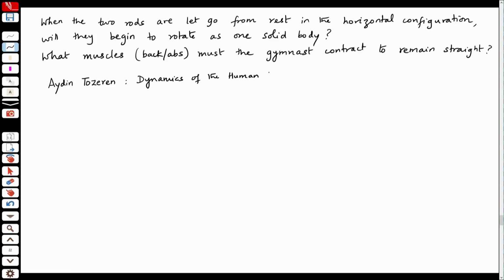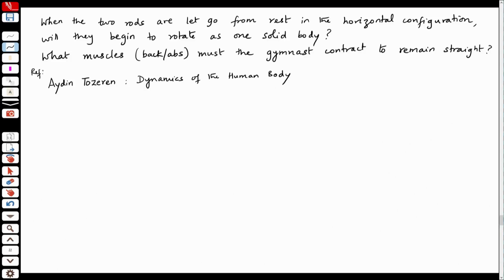If you look at your syllabus, you have these books listed. In this book, for this problem, the gymnast has their feet in the rings and then moves down with their arms stretched forward.